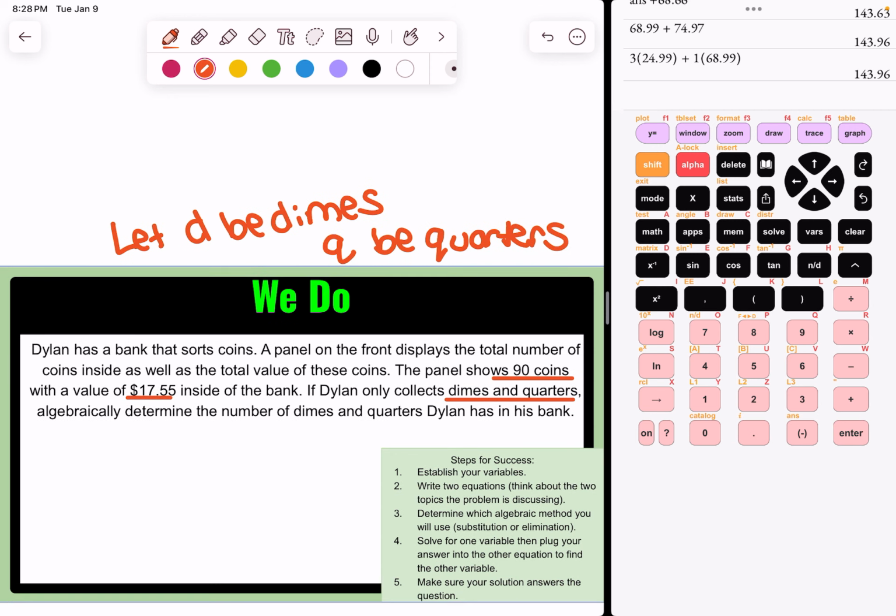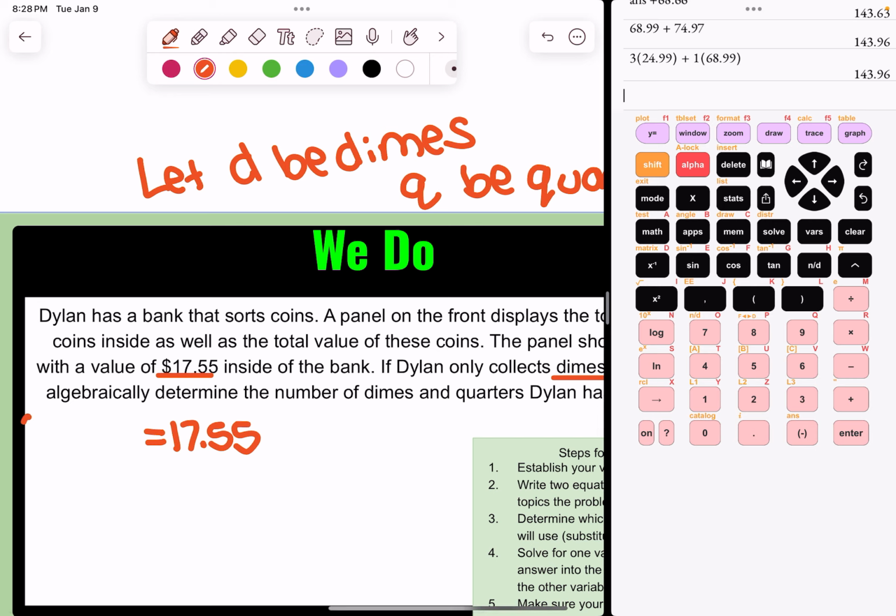All right, let's first talk about the $17.55. That talks about money. So let's think about how much our money's worth. Dimes are 0.1, dimes plus quarters is 0.25 quarters. Good.